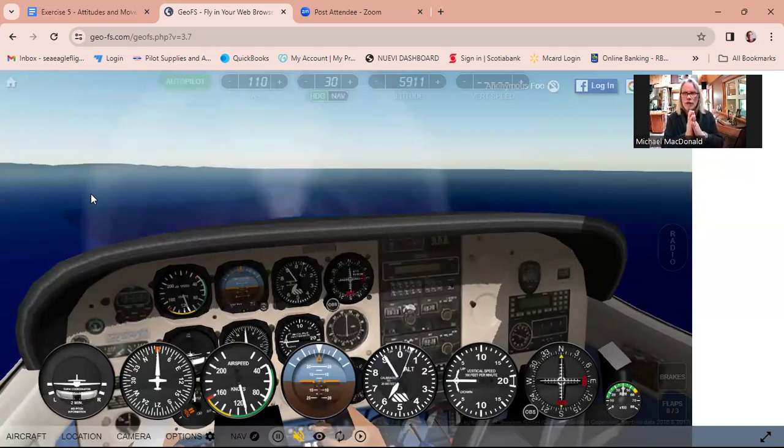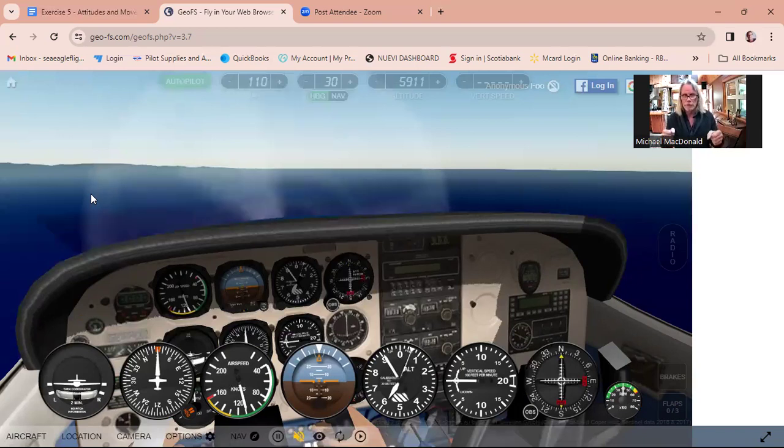So we've got the lateral axis, pitch up, pitch down, and subsequent movements and views. Then we have the longitudinal axis, bank left, bank right, the subsequent views and instrument indications. And we have the yawing right, yawing left. So the pitch is done with elevator, forward and back pressure.